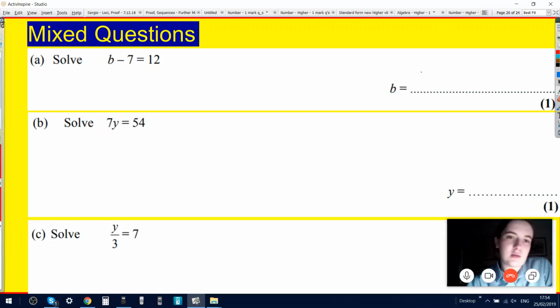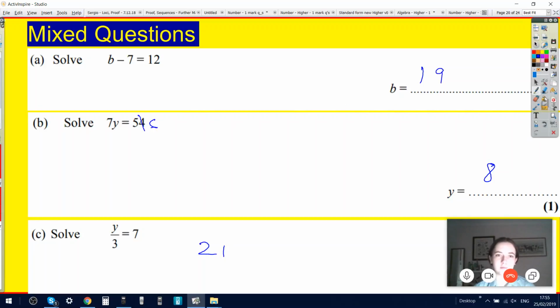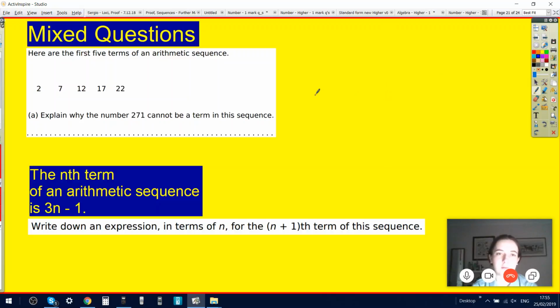19. No. Yeah, 19. 8. No, is that 56? No, it's 8, yeah. Is it? 21. Am I crazy or should that be 56? Yeah, I thought that. That one I got from a website, so I don't know if it's from a real paper.